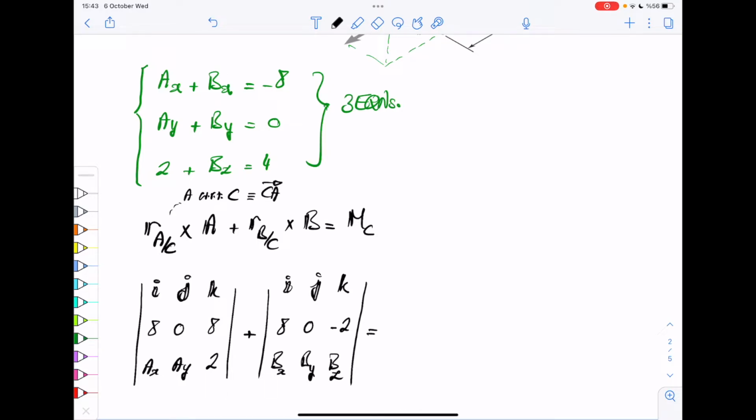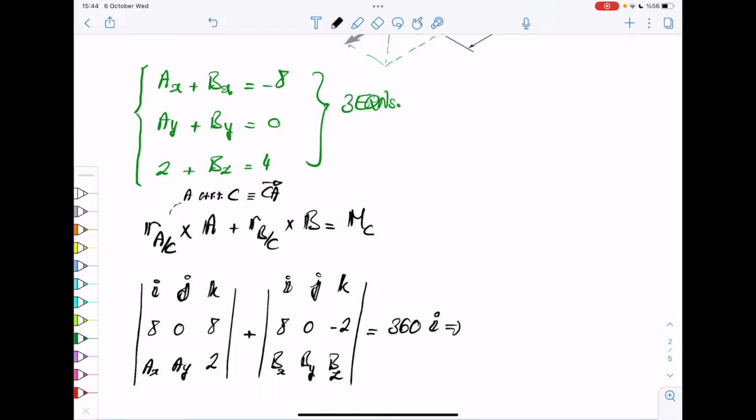And then that would be equals MC, which in the question, it's 360 in the I direction. Okay. So again, if you do this multiplication, you get basically 3 equations. You would have obviously more unknowns, but together with the other ones, it will work.